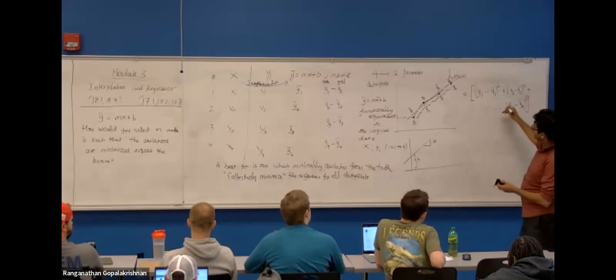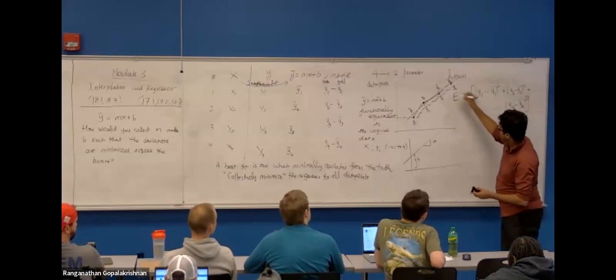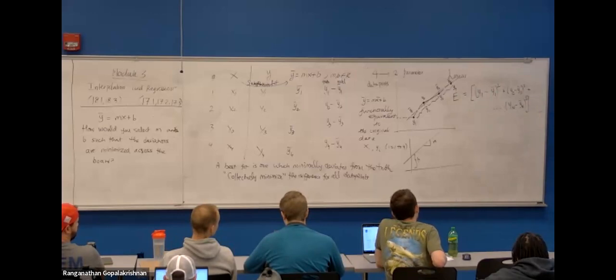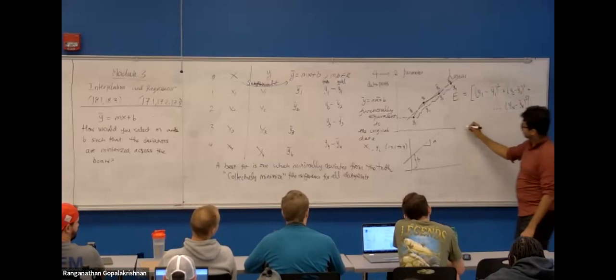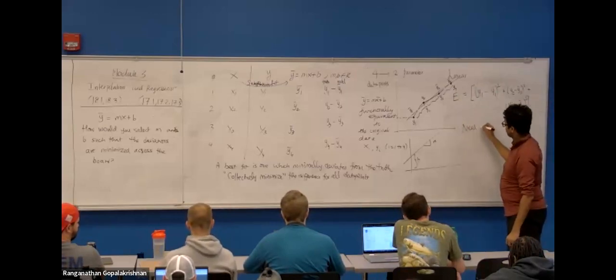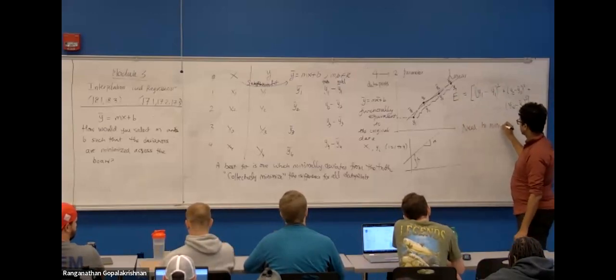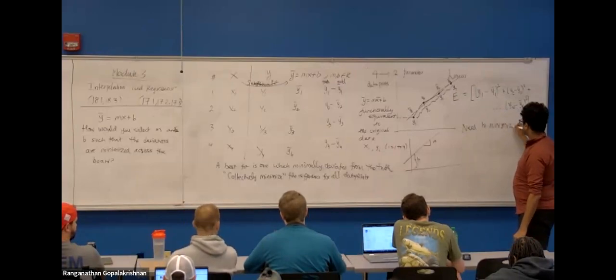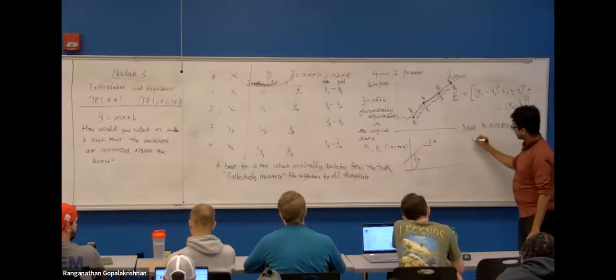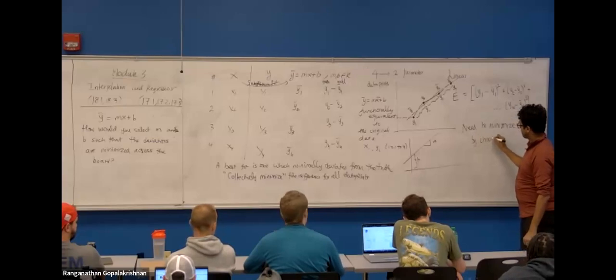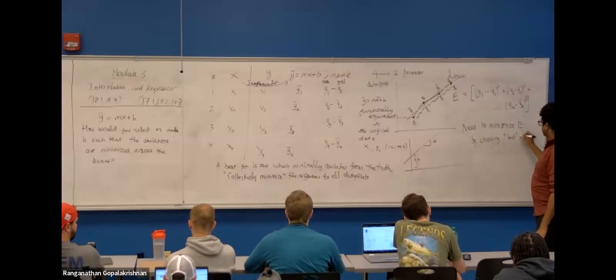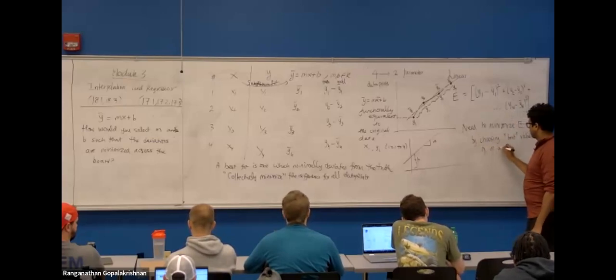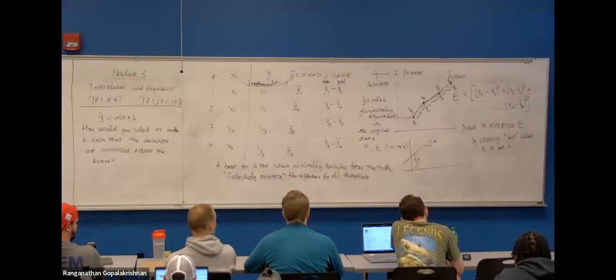I'll just call the sum of these squares E, uppercase E. I need to minimize E by choosing the best values of M and B, the parameters.